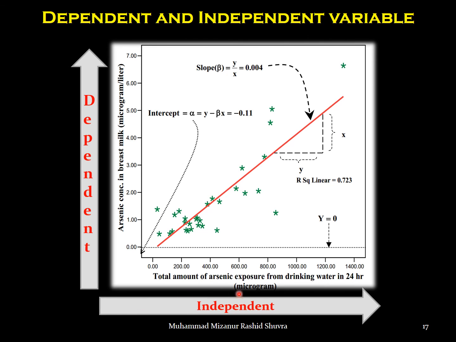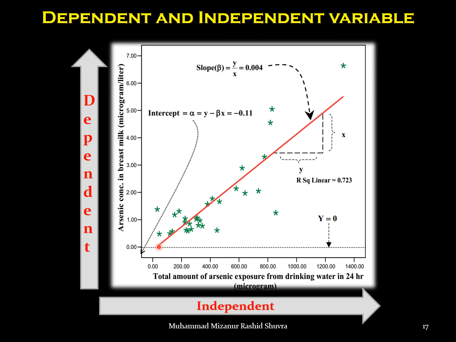The independent variable is the total amount of arsenic exposure from drinking water, and as this changed to different values, 200, 400, these are the graded results that were spit out by the computer statistical software. As this total amount of arsenic exposure from drinking water in 24 hours changed, so did the values of arsenic concentration in breast milk.